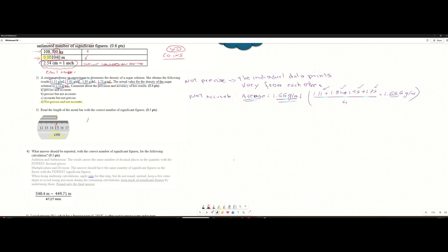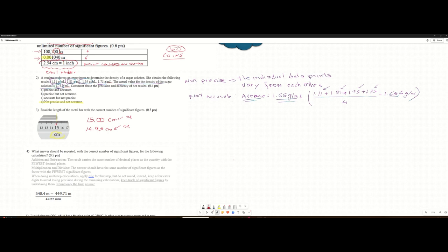So here I can say that it's exactly 15, so it will be 15.00 centimeters. Okay, this is my point of view. But imagine a student thought, no, I think it is actually in here, between 14.9 and 15. So I can say it's 14.95 centimeters. This is okay as well. So they're both okay.